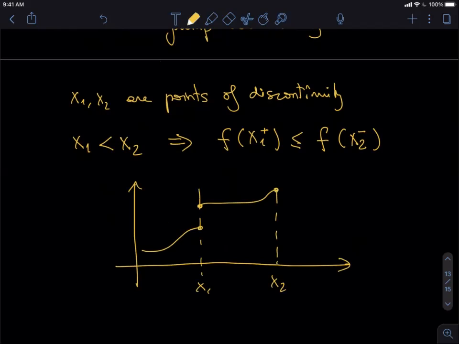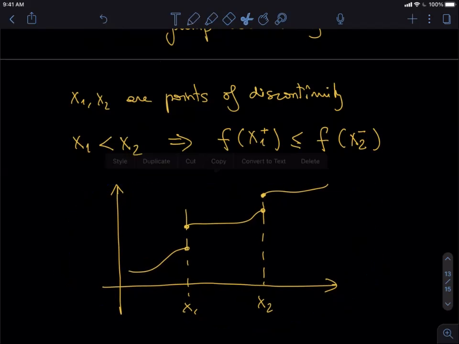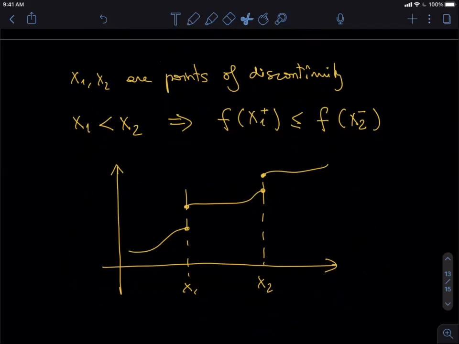Well, and then it jumps again and continues. Okay, it's increasing. There we go. Here we see that x1 is less than x2.